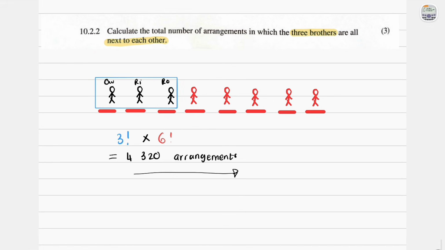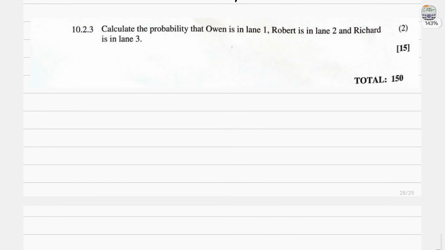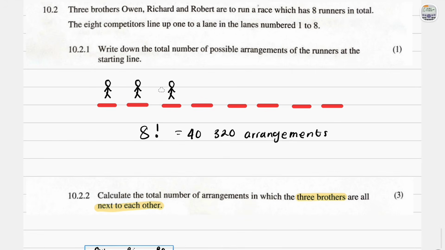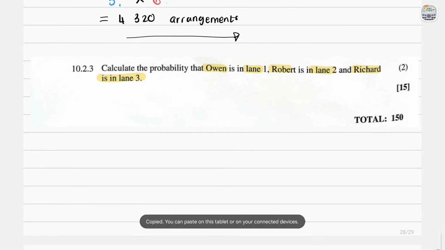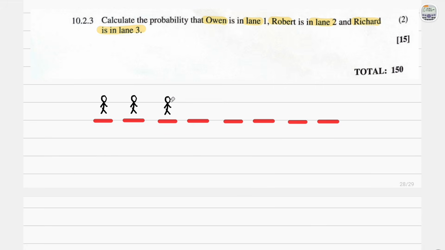Moving on to the next question. Question 10.2.3 says, calculate the probability that Owen is in lane 1, Robert is in lane 2, and Richard is in lane 3. So let's put them in those respective lanes.